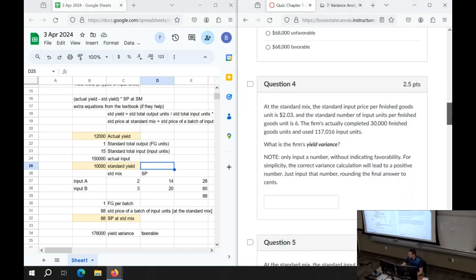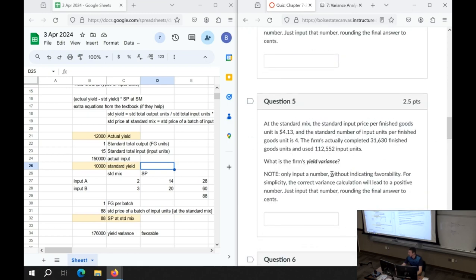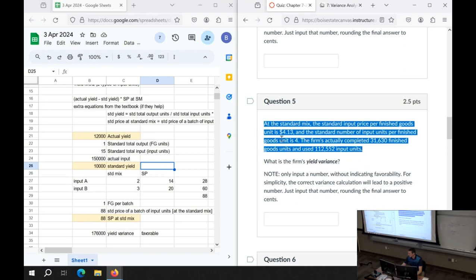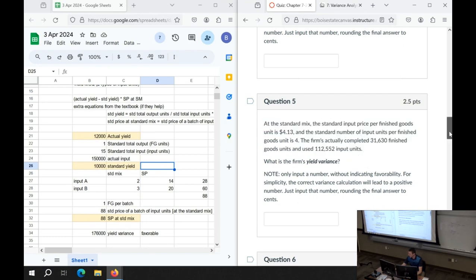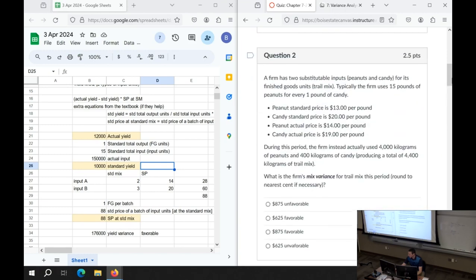Okay, let's move to a mix variance here, I think. And this is basically identical, just different numbers to question 4. So let's find a mix variance. I think we'll have to go into the multiple choice, and then we'll make sure we get the open answer in the overhead, the 2 open answer overhead questions.